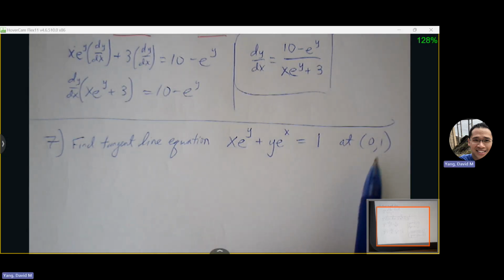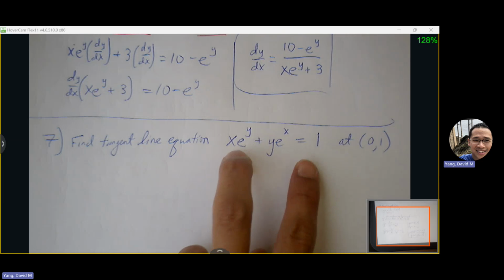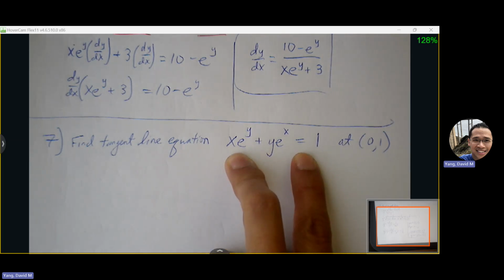Right, so we have the ordered pair, we can come back to that when we need it. But first things first, we need to find the derivative.